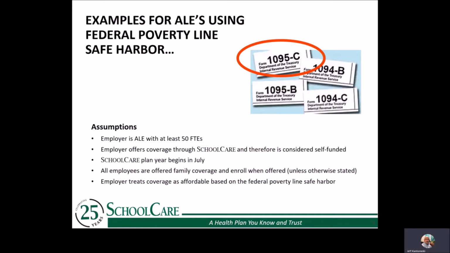For today's Form 1095-C examples, we are using the most frequently utilized safe harbor, which is the federal poverty line. The other assumptions include the employer offers coverage through School Care and therefore is considered self-funded. The School Care plan year begins July, and all employees are offered family coverage and enroll when offered, unless otherwise stated in the examples.